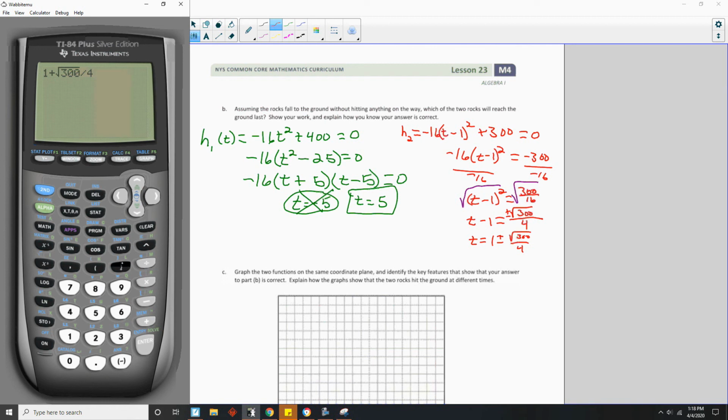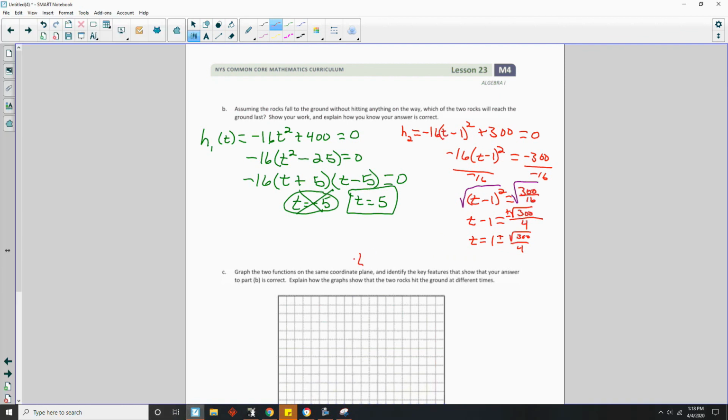And I'm going to put this in parentheses just in case it does the order of operations correctly. So there it is, and I hit enter, and I get 5.3 approximately. So I will say t is approximately 5.3 seconds.